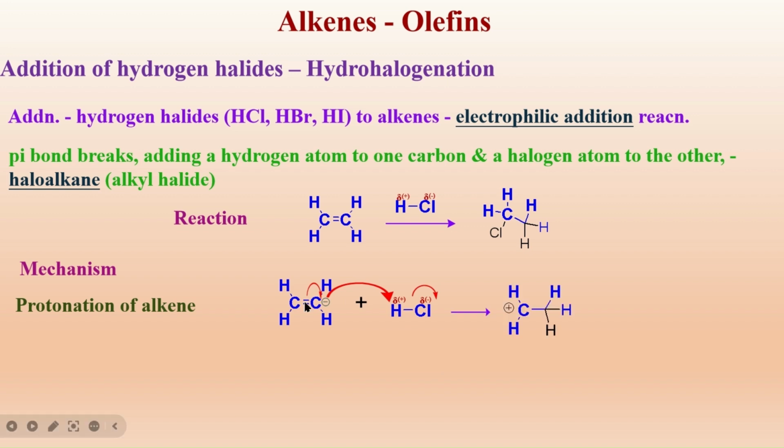As these electrons are moved towards this carbon, a new electrophilic center has been created. The other carbon becomes electron deficient, and a carbocationic center is formed.